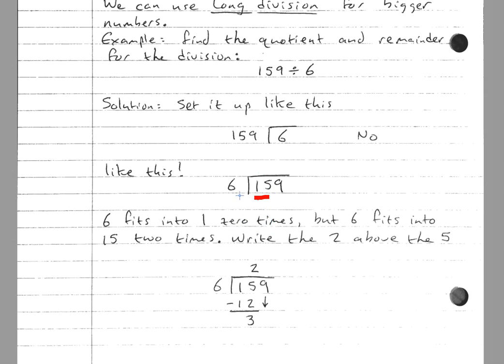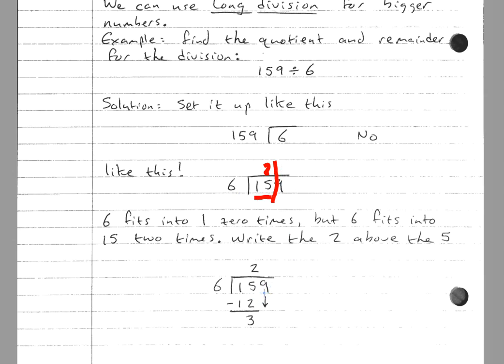How many times does 6 fit into 15? It fits twice. And since we're talking about 15, I'm going to put the 2 above the 5, not over the 1. 6 into 15 goes twice, so put the 2 above the 5, like I did here.